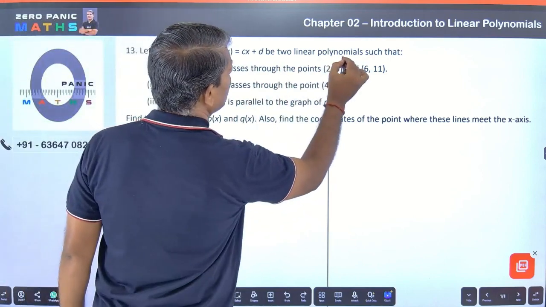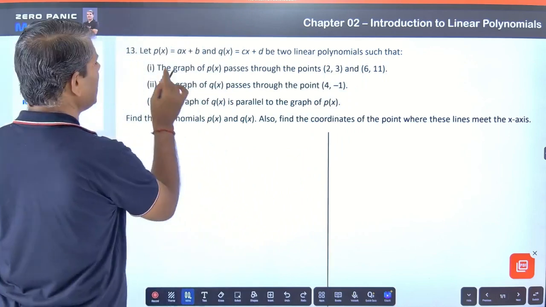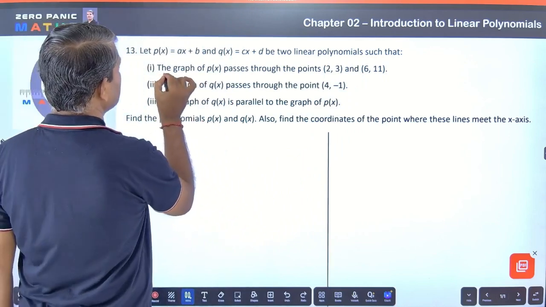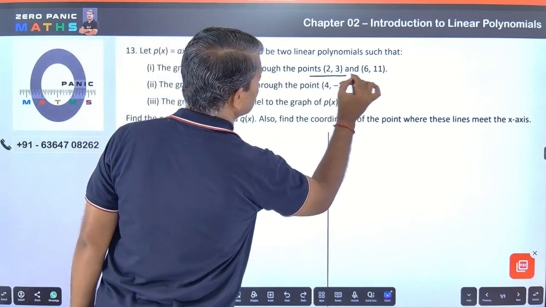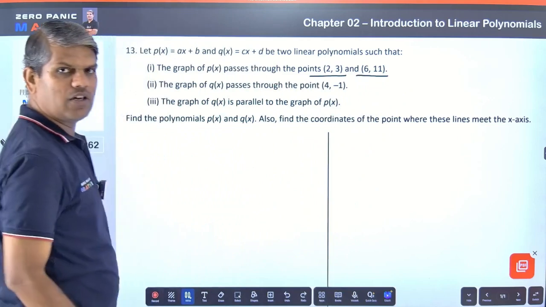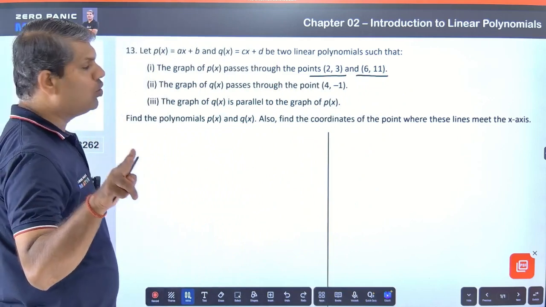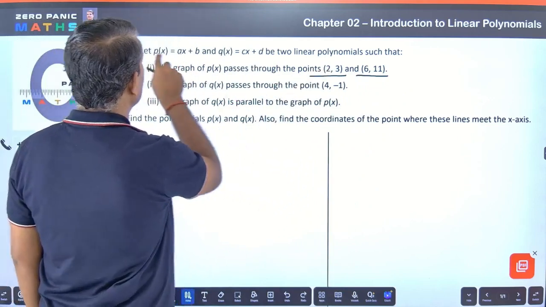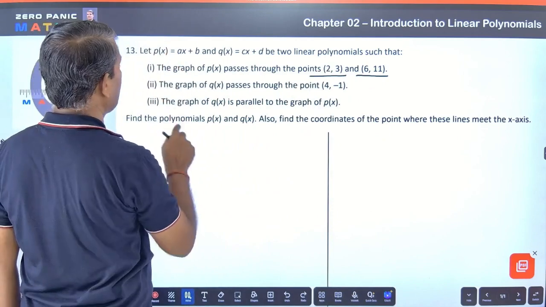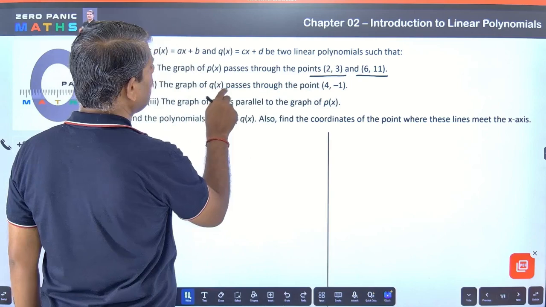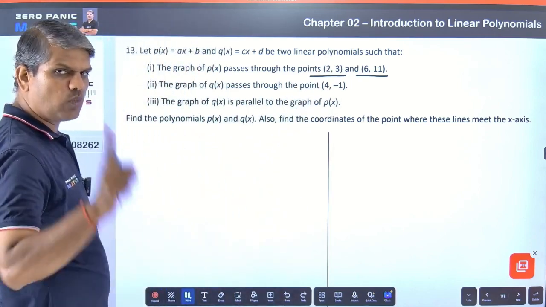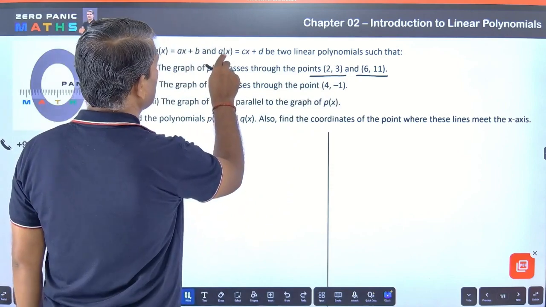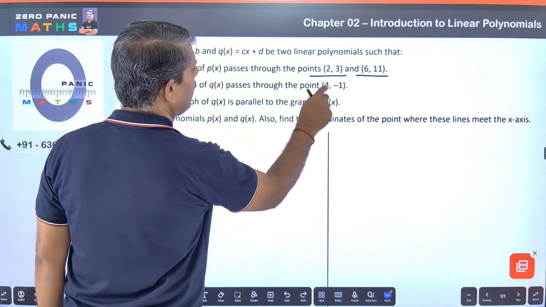Let p and q be two linear polynomials such that the graph of p of x passes through the two points (2, 3) and (6, 11). Using those two coordinate points we can find p of x. Similarly, the graph of q of x passes through the point (4, minus 1).